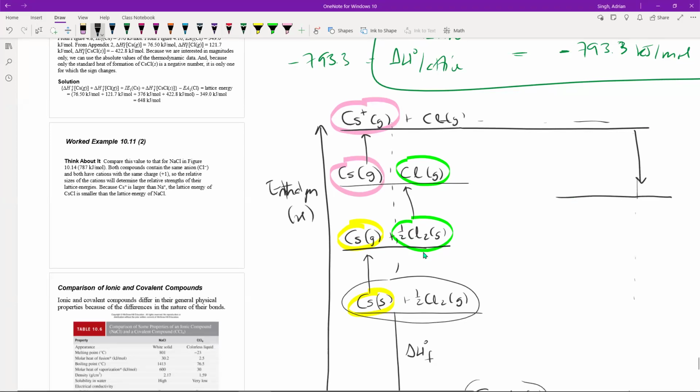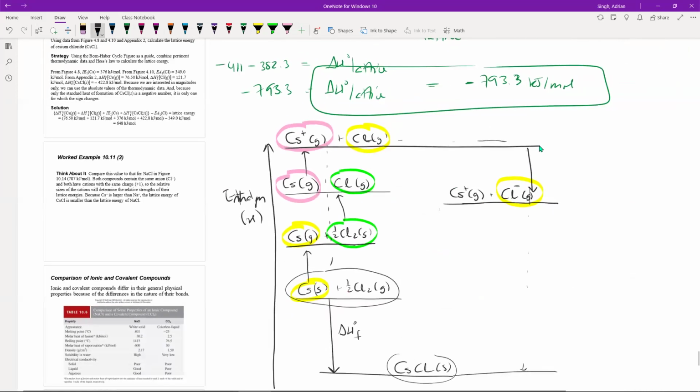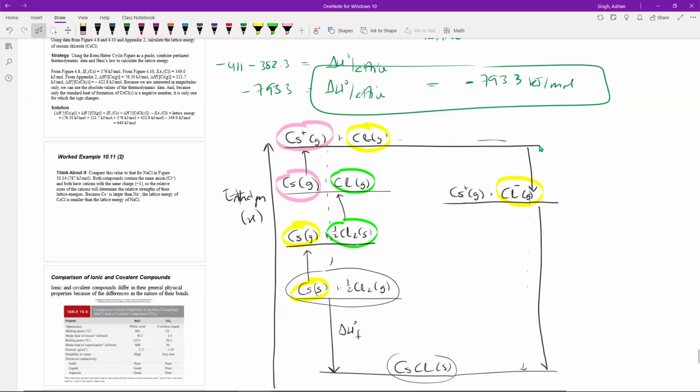The chlorine is going to go from Cl to Cl minus in the gas phase, and I still have the cesium ion in the gas phase. And then the step that remains is the lattice energy, as these two ions combine to produce the cesium chloride solid.